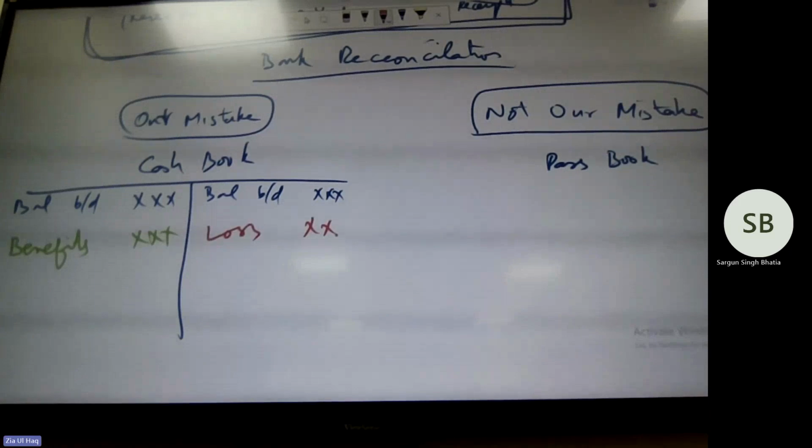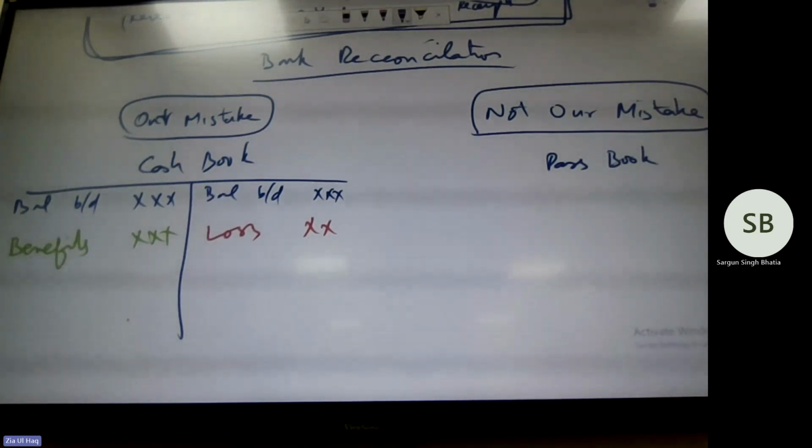Through the entry we will apply this concept: whether due to this mistake we are having a benefit in the current month, we will record it on the debit side. Whether we are having a loss due to this difference, we will record it on the credit side.